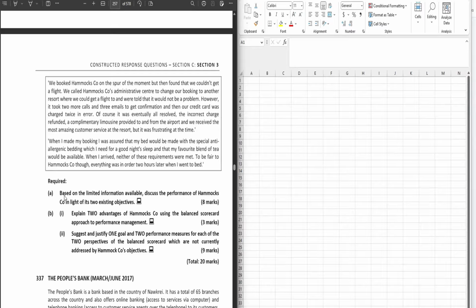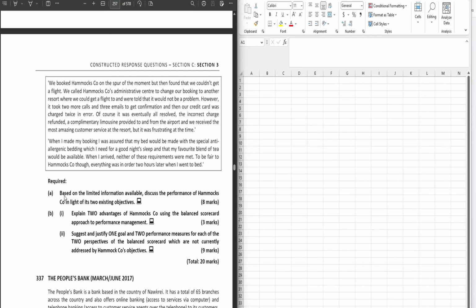In part B, they are asking to explain two advantages of Hammock Company using the balance scorecard approach to performance management. It's quite an easy one, so it's only for 3 marks. You need to explain the advantages if Hammock Company uses the balance scorecard.